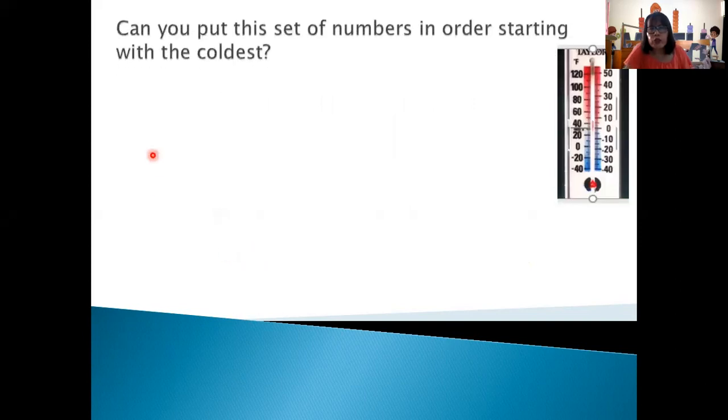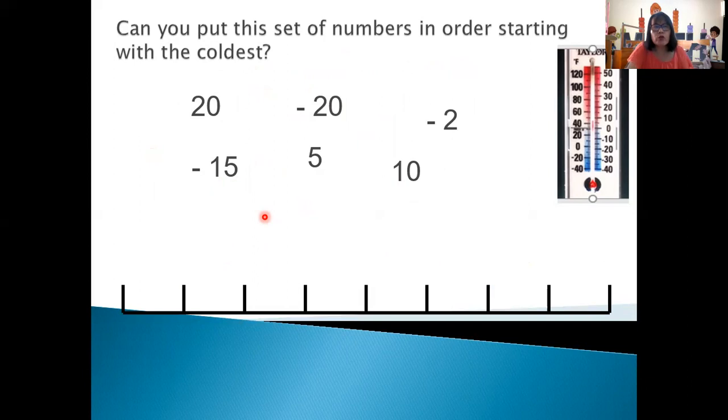Now, can you put this set of numbers in order starting with the coldest? We have here 20, -20, 2, -15, 5, and 10. So let's complete the number line starting from the coldest. What did I tell you before?